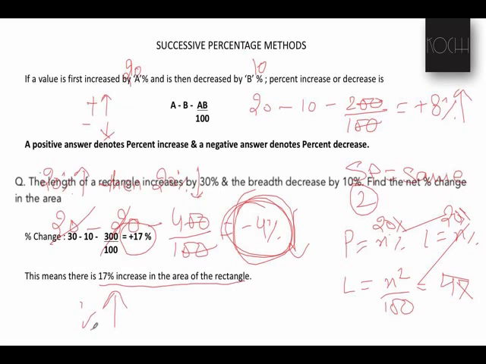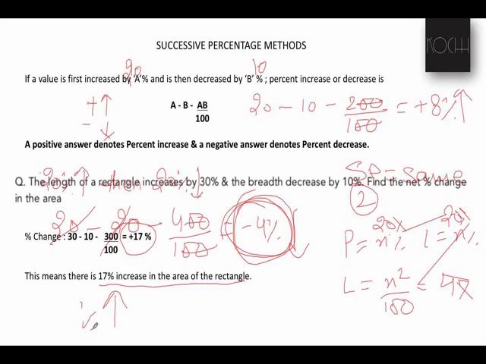So this applies to all questions based on length and breadth, or say the area of a triangle being increased or decreased due to the change in the base and the height. The formula for the area of the triangle is half into base into height. Similarly, for a circle, the formula is pi into r squared.